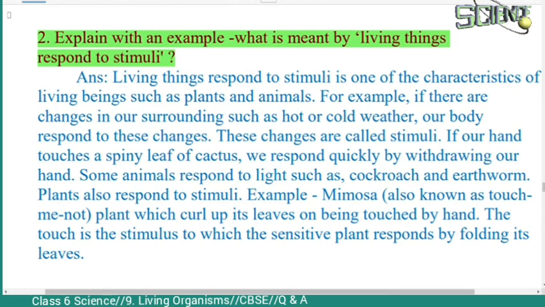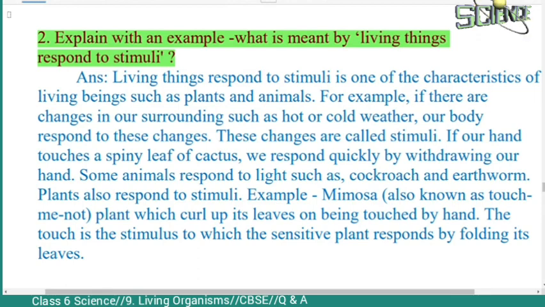For example, if there are changes in our surrounding such as hot or cold weather, our body responds to these changes. These changes are called stimuli. If our hand touches a spiny leaf of cactus, we respond quickly by withdrawing our hand.